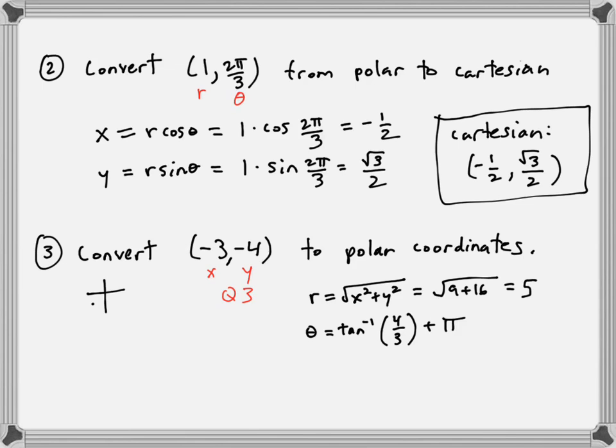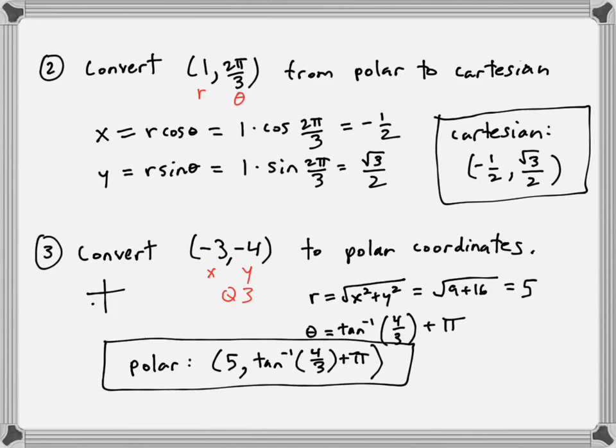Okay, so then our polar point would be 5, arctan of 4/3 plus pi. Most of the time it'll be a nice angle, but sometimes it's not, and we have to be okay with that. Okay?